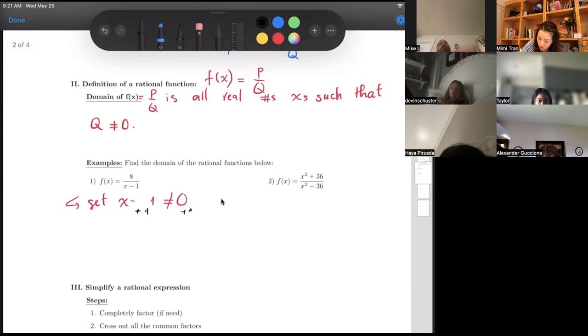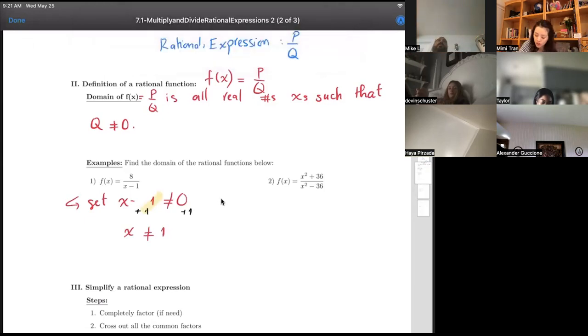Add 1 to both sides, so x cannot be equal to 1, right? Because if you put 1 for x, 1 minus 1 is 0. Again, remember we said the domain is where q is not equal to 0, and q is x minus 1 in this case.